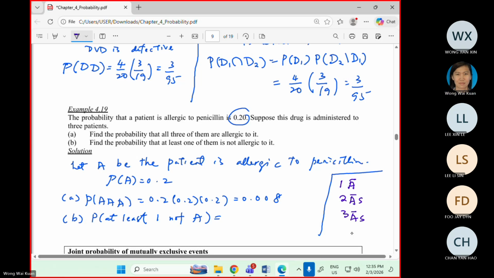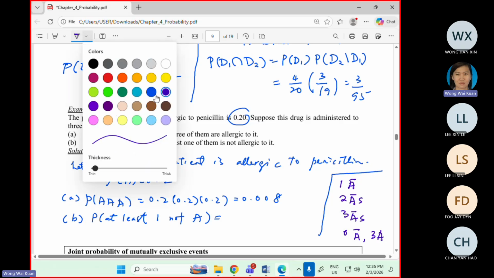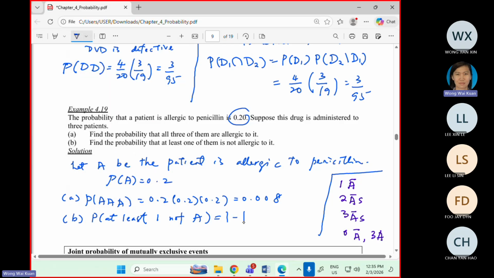The other event means none of them is not A, which means all 3 are A, right? So yes, you are right. You can do 1 minus the probability of all 3 A. So it's 1 minus 0.008, so it's 0.992.